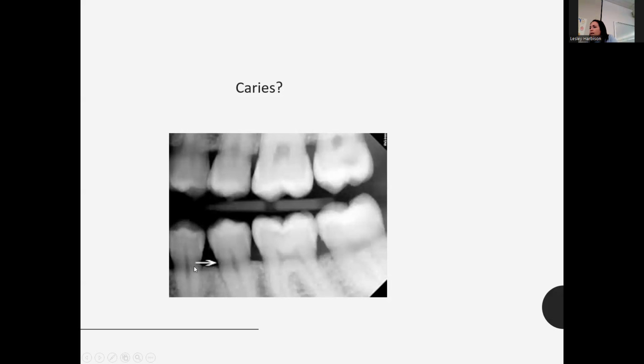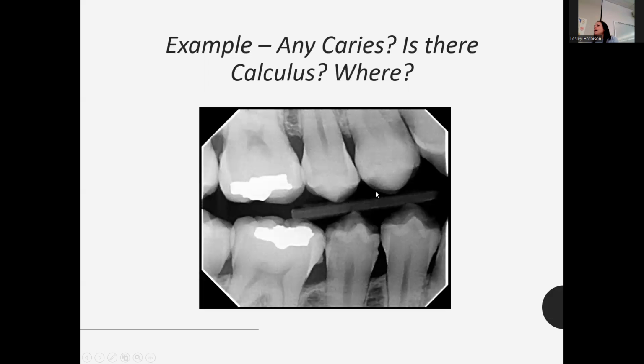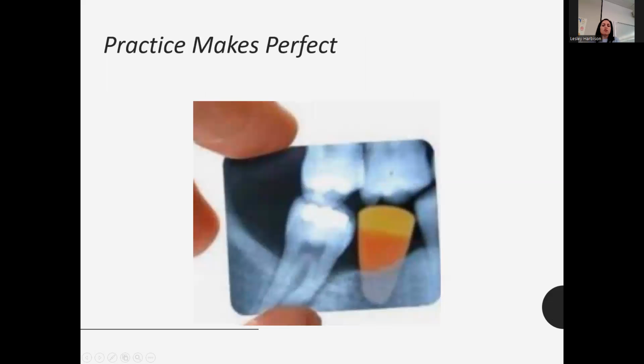And then what about down in here? Burnout, yeah. Blurry images. Caries here. Calculus, yeah, there's calculus there, calculus under here, calculus there. Some interproximal. Yeah, good. Okay, so that's it.